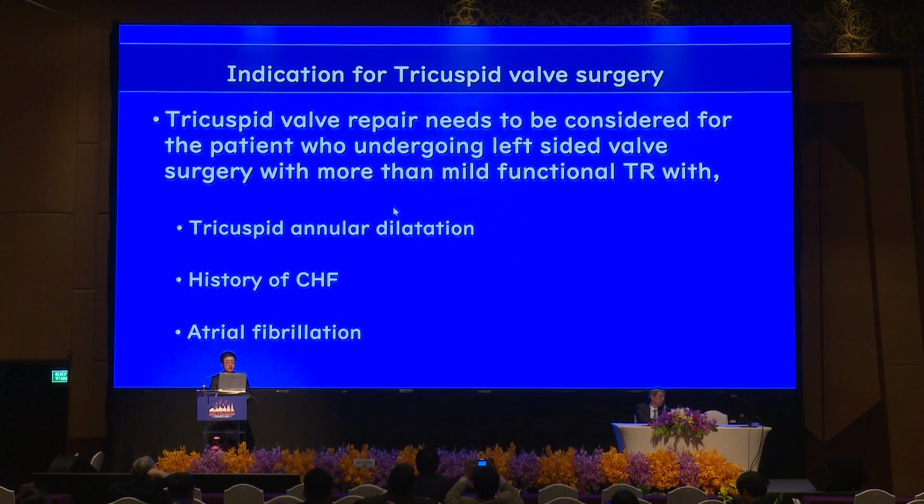Most surgeons thought it is better to treat more than mild functional tricuspid regurgitation if the tricuspid annulus is dilated, or there is a history of congestive heart failure, or the patient has atrial fibrillation.